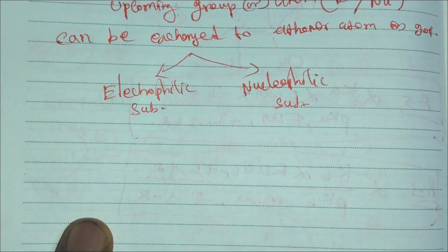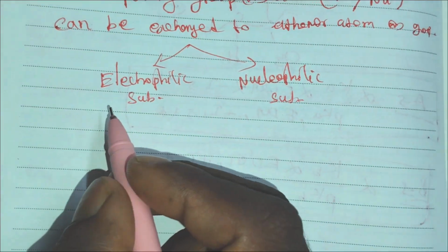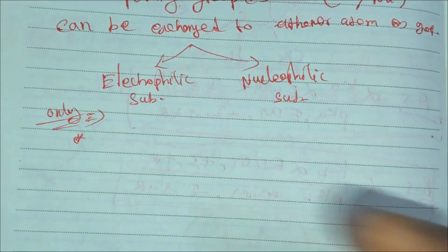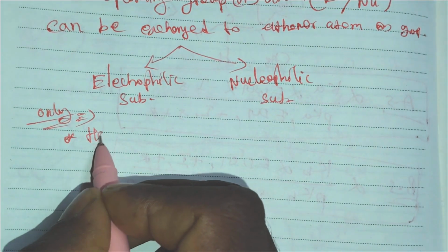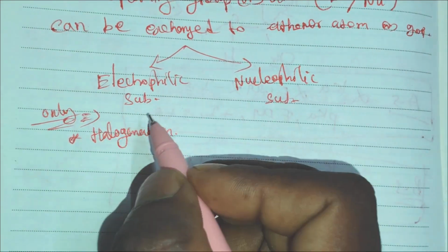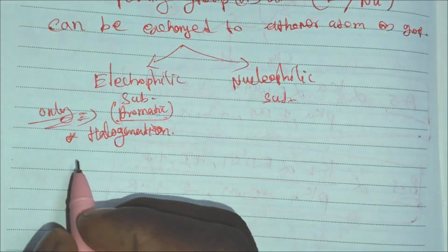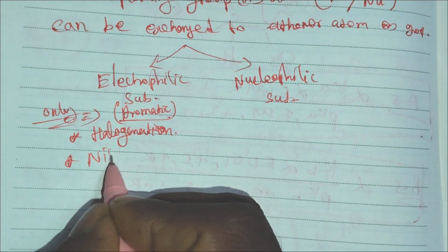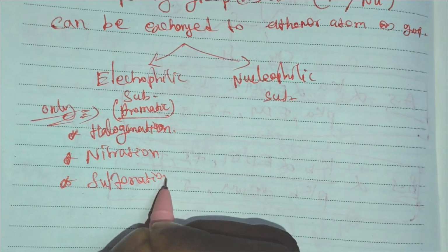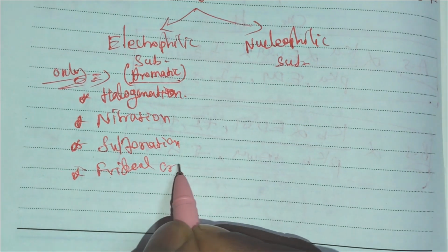So it is basically a more general point of view that we study in this unit. The electrophilic substitution is only of this kind. First, there is halogenation, in the electrophilic substitution reaction only for aromatic compounds. The second category is nitration, the third is sulfonation, and the fourth is the Friedel-Crafts reaction.